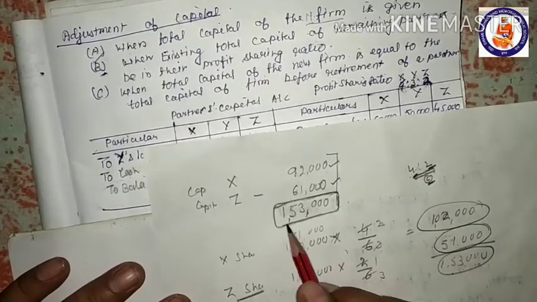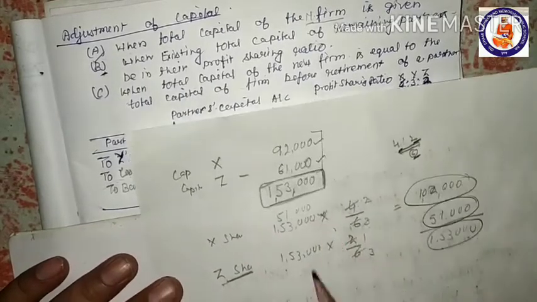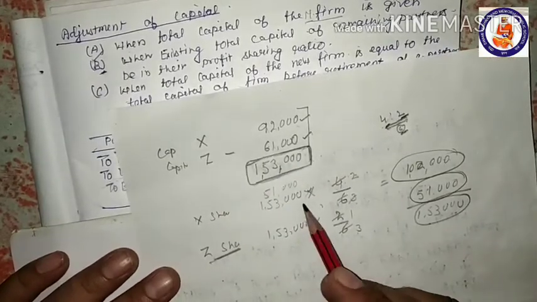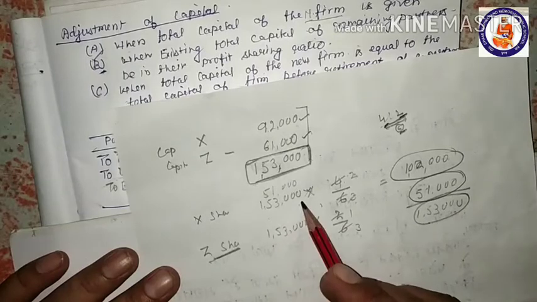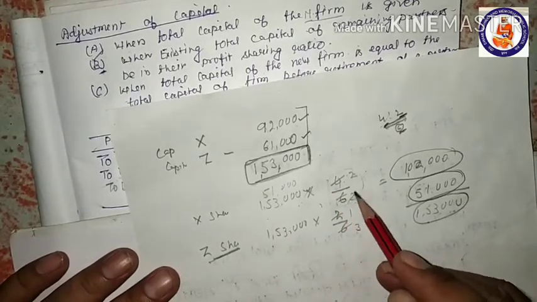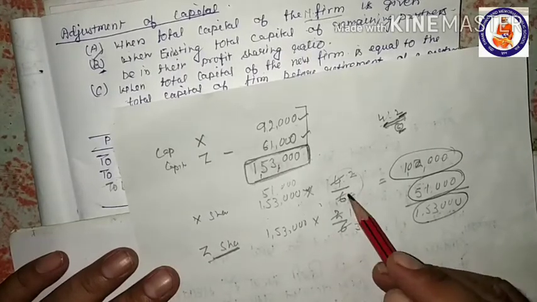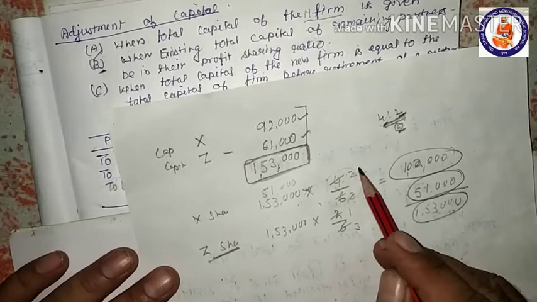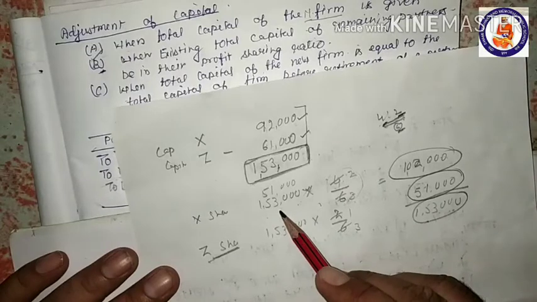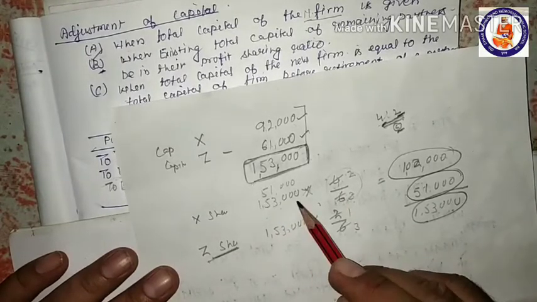So the total capital of X and Z is 1,53,000, and we will find out how much each capital should be. X is taking 4 shares out of 6, so his capital should be 4/6 of 1,53,000.